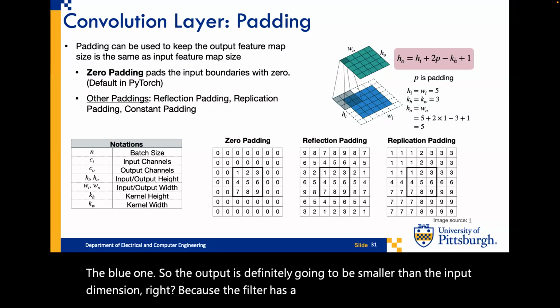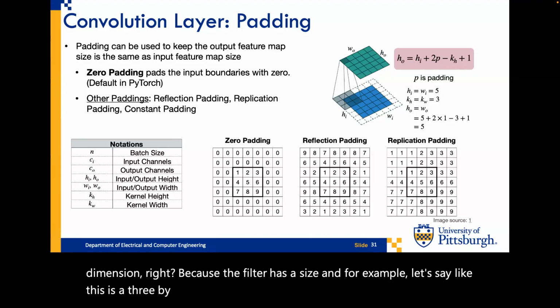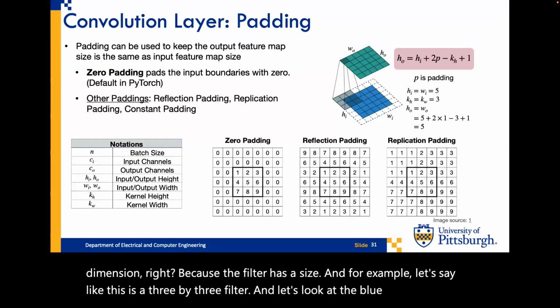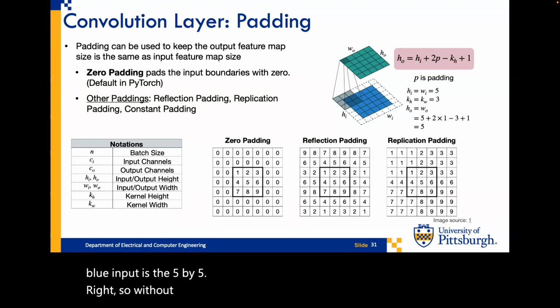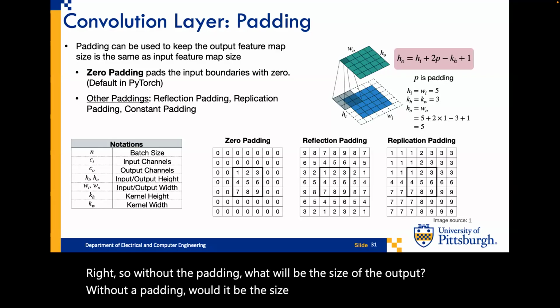Let's say this is a 3 by 3 filter, and the blue input is 5 by 5. Without padding, what will be the size of the output feature map? (The green is actually the output.)